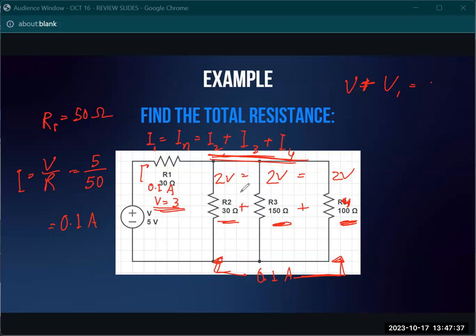Ayun. Okay, kaya pala. Wait, nag-comment. Okay. Now that alam na natin yung voltage niya, let's just do I equals V over R. So, 2 over 30. That's just 1 over 15 or 0.06.